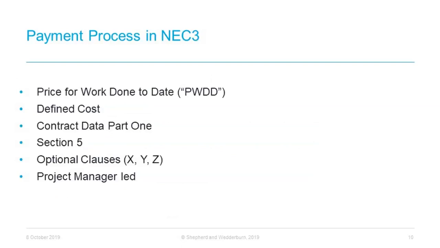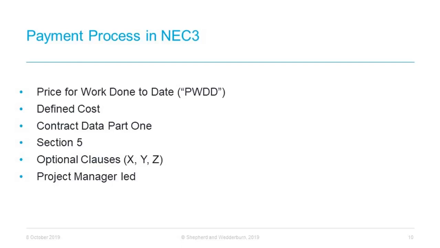Under each of the NEC options Lee has just explained, the contractor is entitled to the price for work done to date, or PWDD, following each assessment date. This is calculated differently for each option. Under option A, each activity in an activity schedule is priced and following each assessment, the contractor is paid the price for each activity as it is completed.